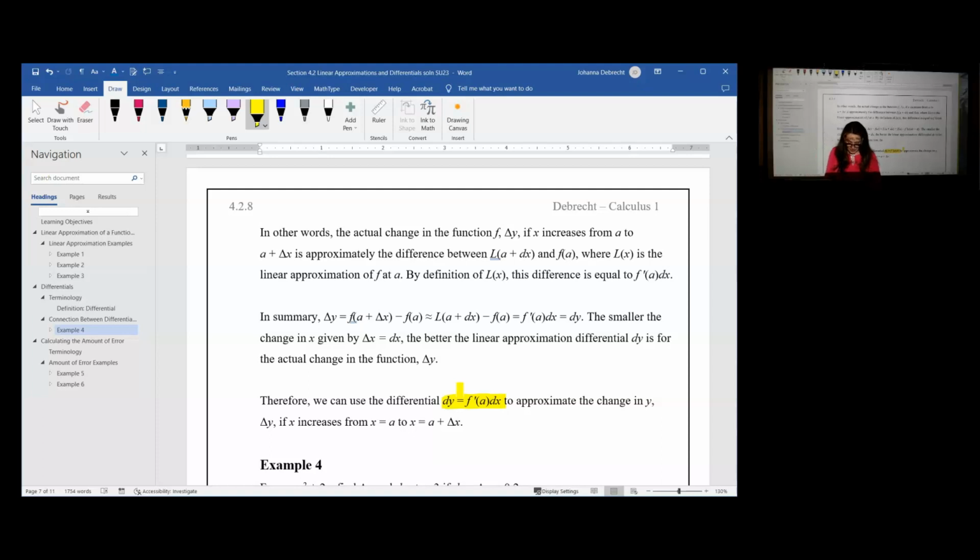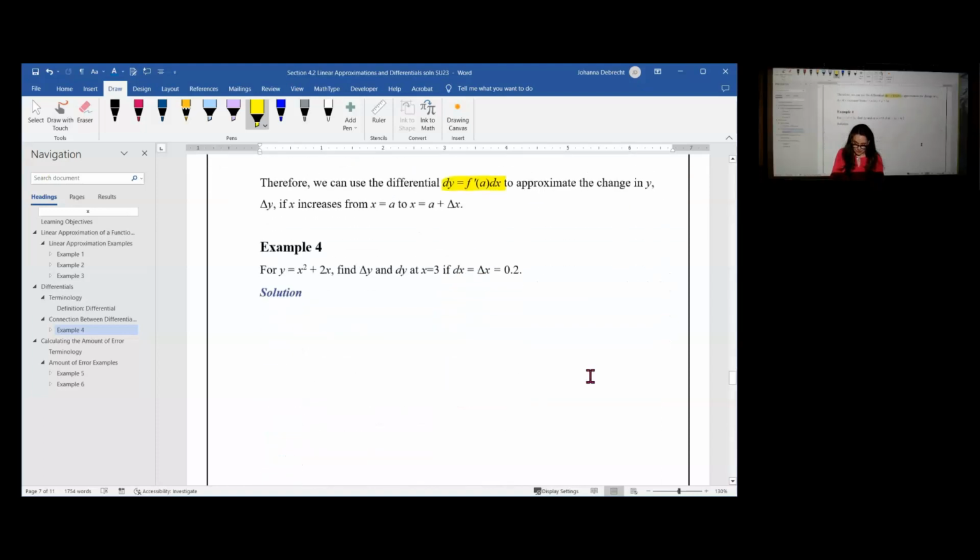Let's take a look now at example 4. In example 4, we have the function y equals x squared plus 2x. We want to find the true change in y values, delta y, and we want to find dy, both at x equals 3, if our delta x or dx is 0.2.